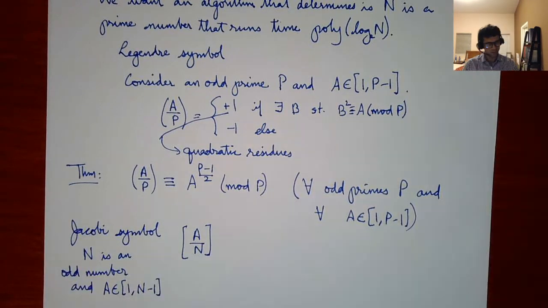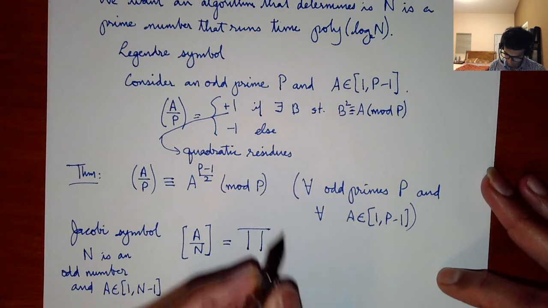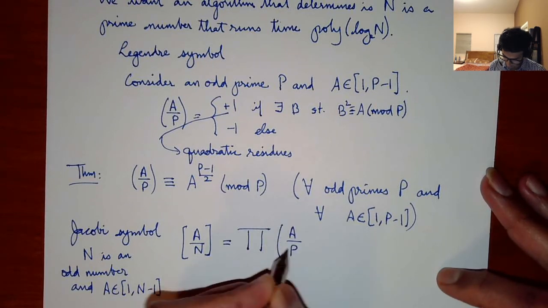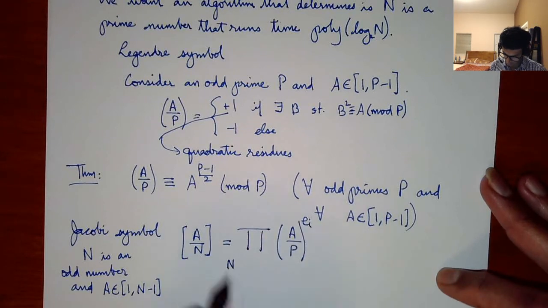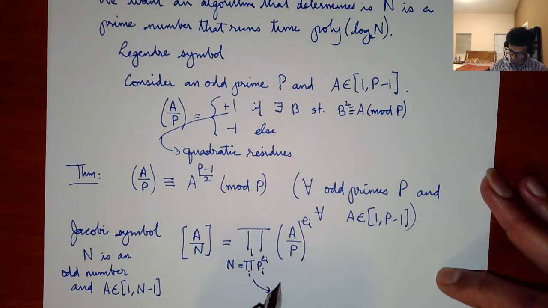And it generally works for all n in the modulo space, but there's no need to get into that. And this is essentially the product of (a over p_i) to the e_i, where n is equal to the product of p_i to the e_i, over all i. So what this means is that this is the prime factorization.